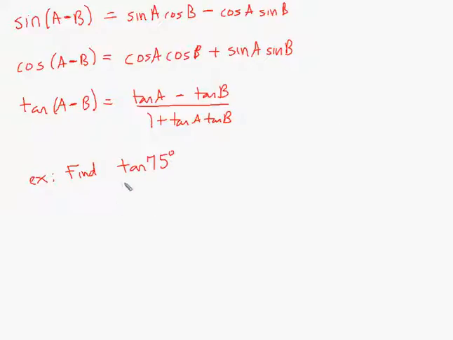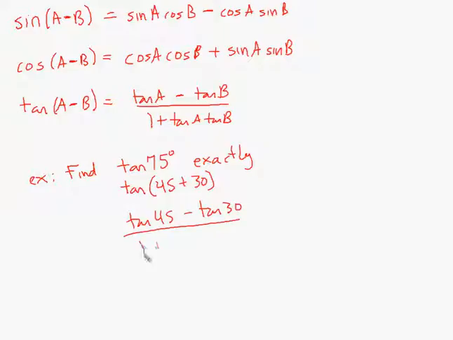All right. So we'll actually split it up the same way. So we want tan of 45 plus 30. So that's going to equal tan 45 minus tan of 30 all over 1 plus tan 45, tan 30.